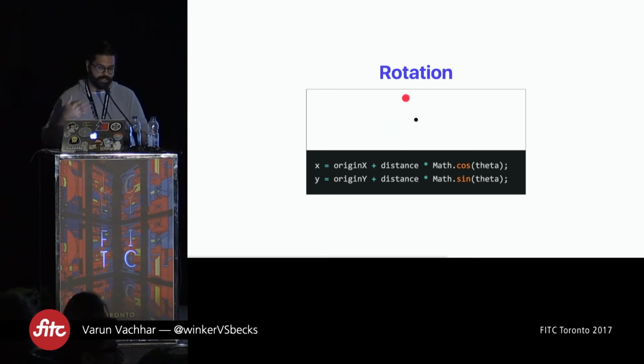This is the only time where sine and cos will matter, because we're dealing with polar coordinates again. The x value always has to be in terms of cos, whereas the y value has to be in terms of sine. And that allows us to calculate the x and y coordinates to create animations like this.